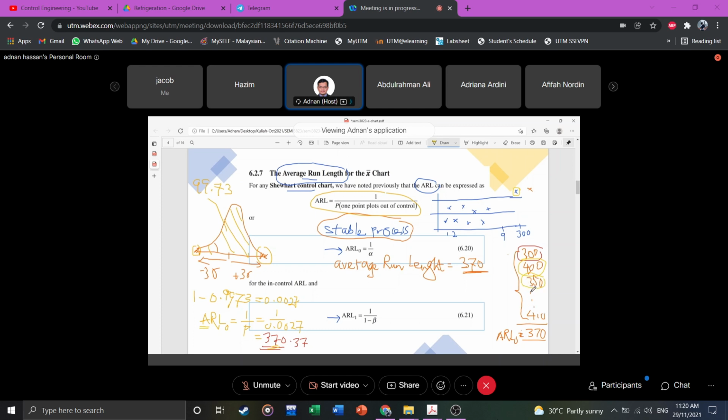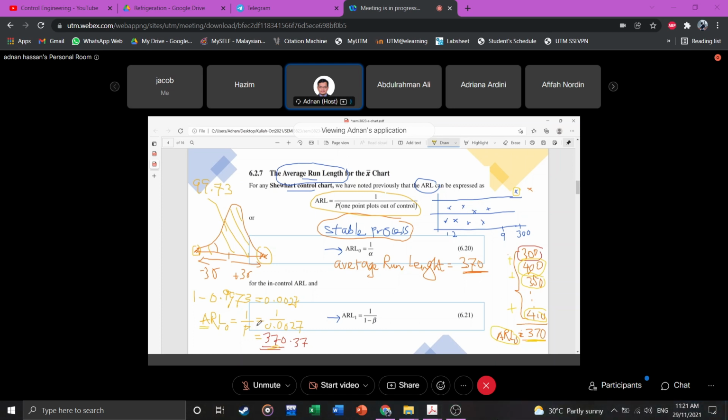So maybe the number keeps fluctuating. Maybe sometimes you get 410. On average, you take all of these, you add all the numbers and divide by how many. You get, on average, the run length for the first alarm to happen after you reset, after you stop, you're going to get 370.